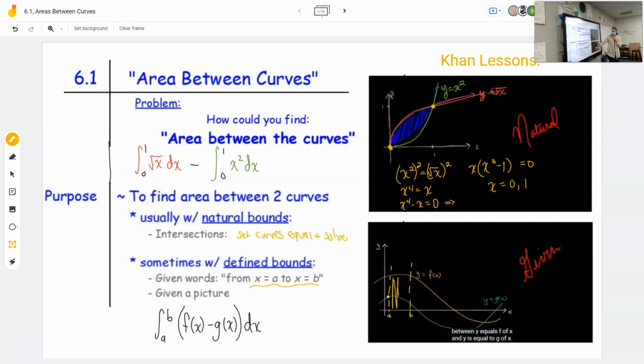What's true about F versus G? They actually intersect above the x-axis. What's true about F versus G that would make it go first?